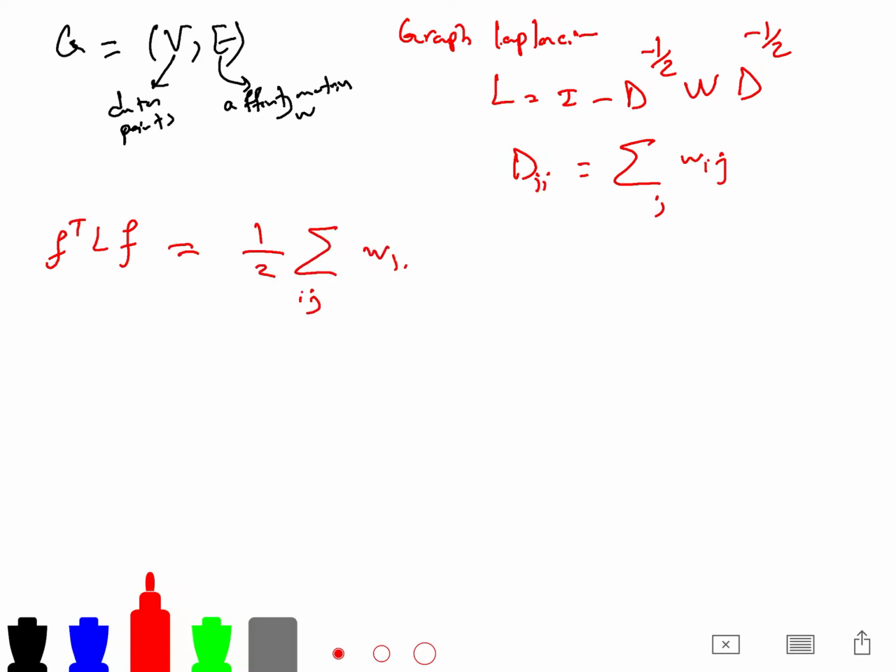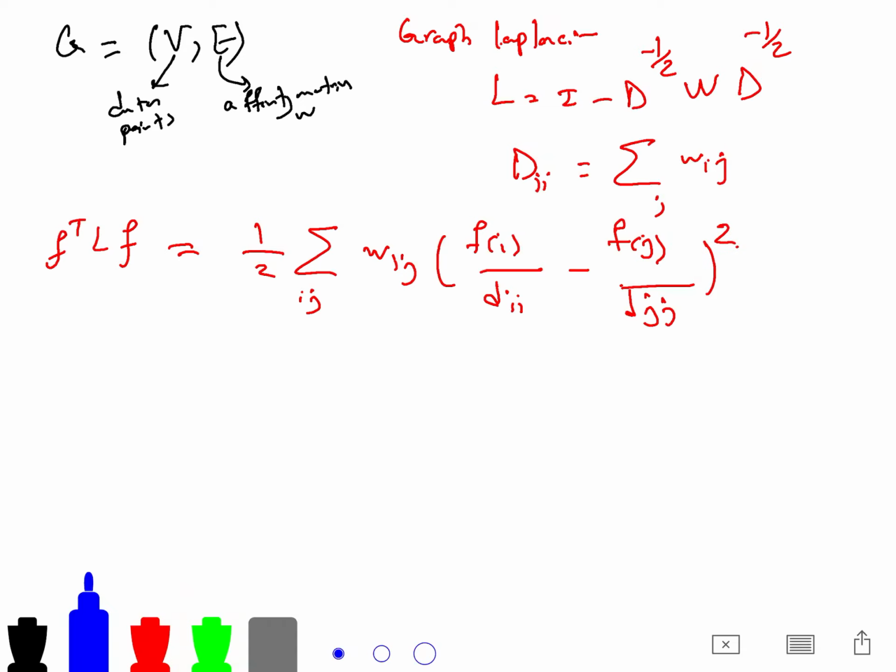I will explain what I mean by minimizing this objective function and why we should minimize this objective function that we see in all the articles.